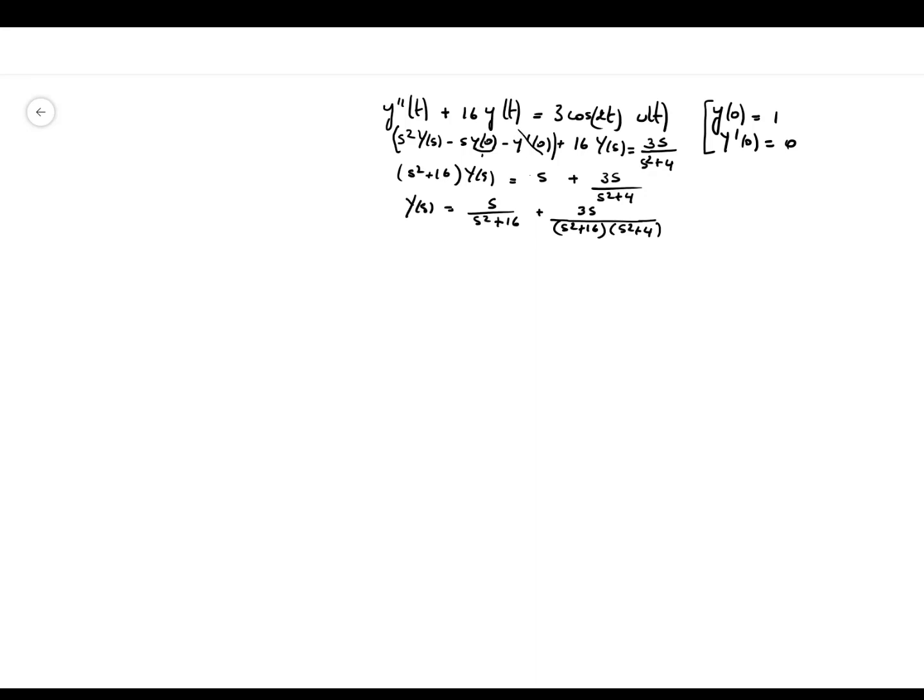and write Y(s) is equal to s over s squared plus 16. Well, you know that's the Laplace transform of a cosine. Plus, and then we can do the partial fraction expansion here, and we'll have a term.